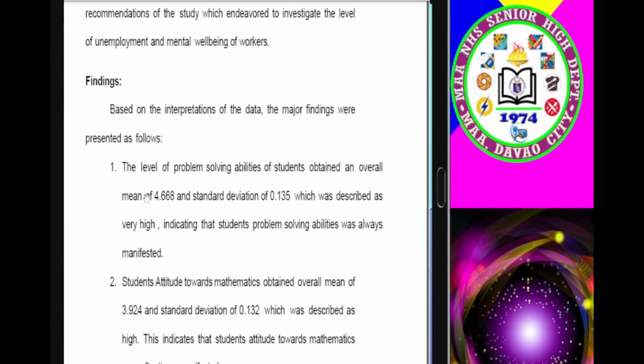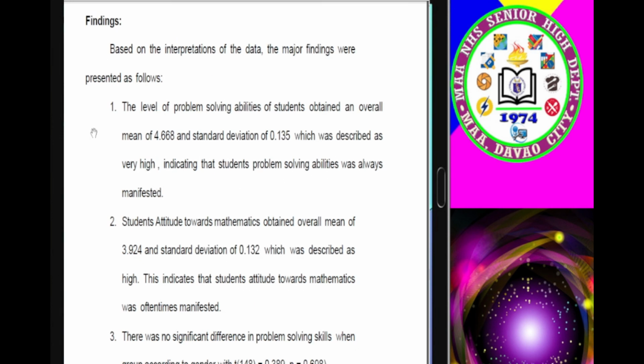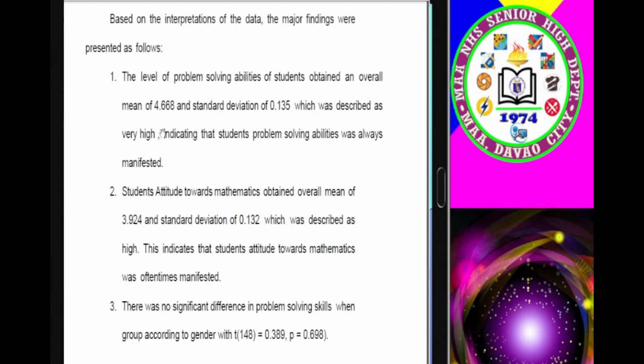If your number 1 is about the level of problem solving abilities in your research questions, your finding 1 should correspond to it. So again, your findings must relate to your research questions. Here is the finding: we have a mean of 4.688, standard deviation of 0.15, described as very high.